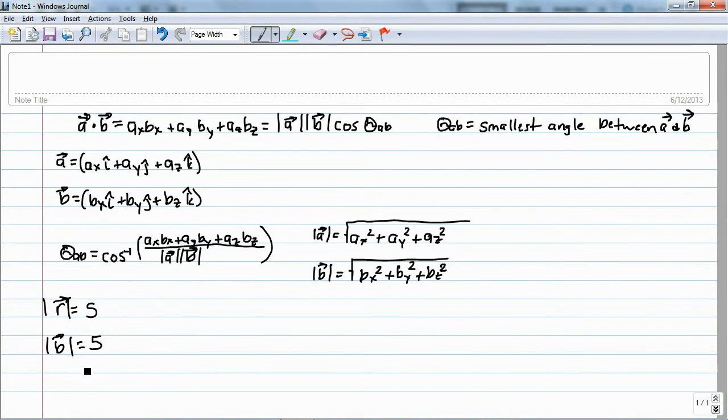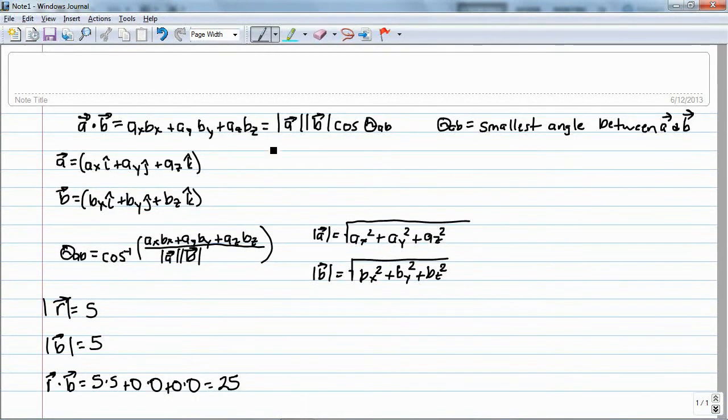So if we do our dot product, that's just 5 times 5 plus 0 times 0 plus 0 times 0, and that equals 25.